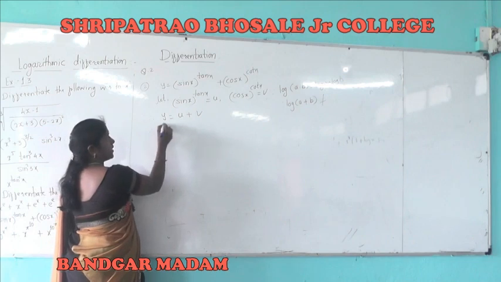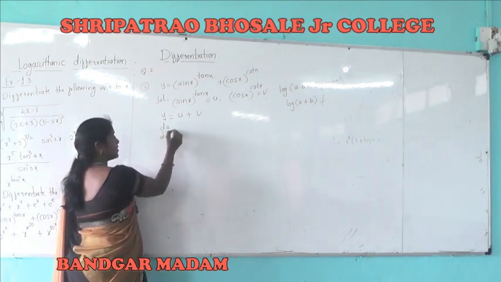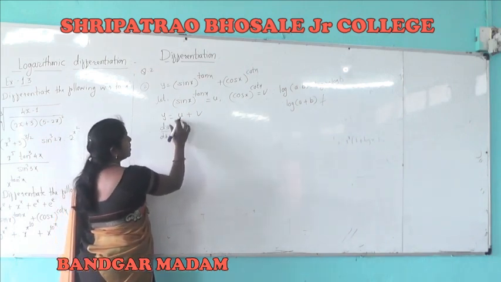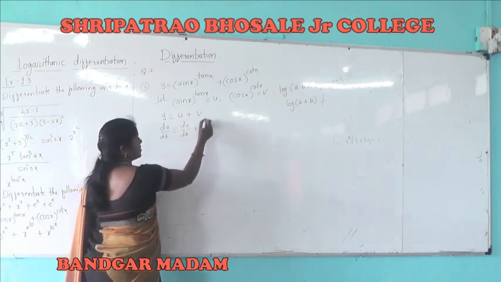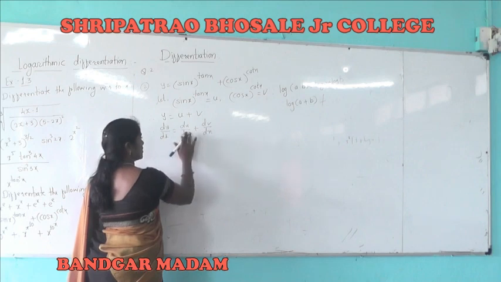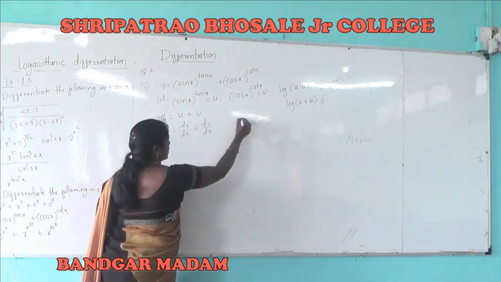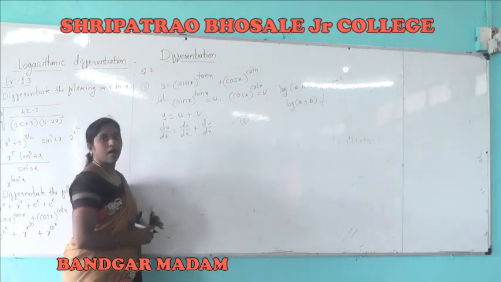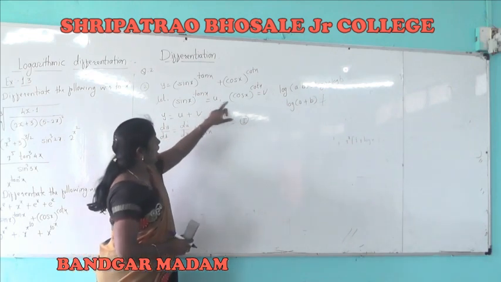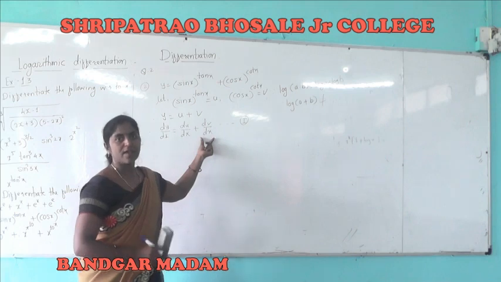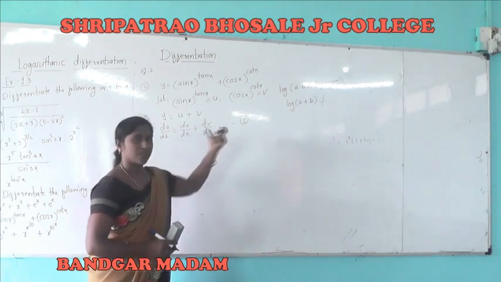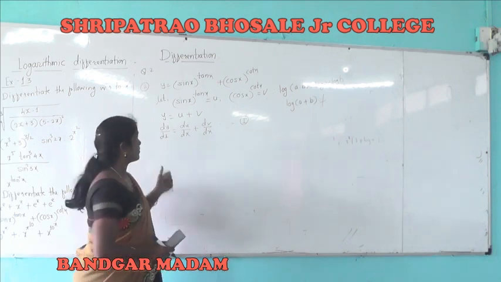So dy by dx is equal to, when we differentiate this with respect to x, du by dx plus dv by dx. This is our equation 1. Now we have to solve u and v separately to find du by dx and dv by dx, and then we place them in equation 1 and we get the answer.